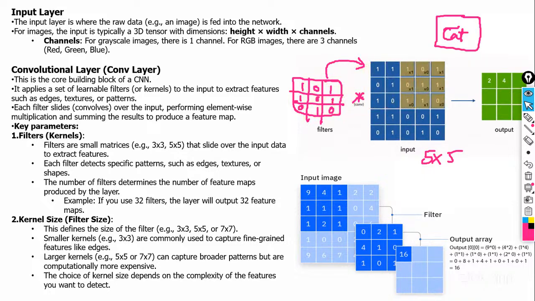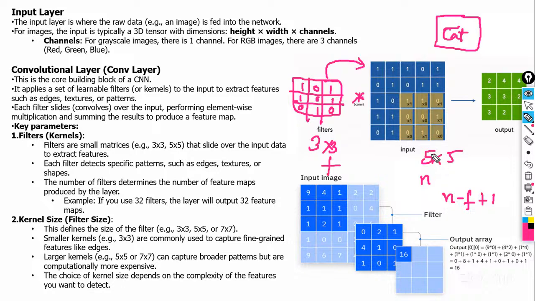So what is the formula? How can we calculate the output image size? We have a formula, friends. So what is the size of the filter? It's 3 by 3. What is the size of your input image? It's 5 by 5. So the output image size will be: your input image size I'm taking as N, and the size of the filter I'm taking as F, and this is represented as N minus F plus 1.